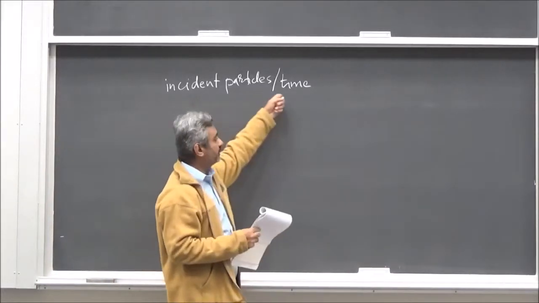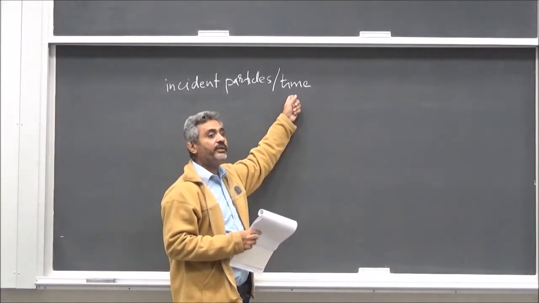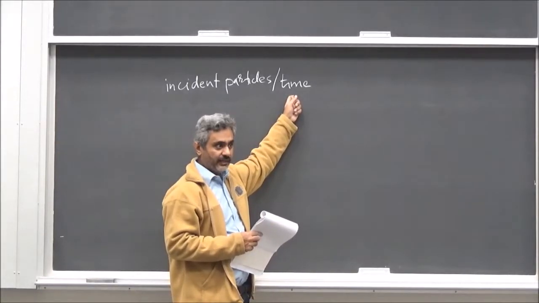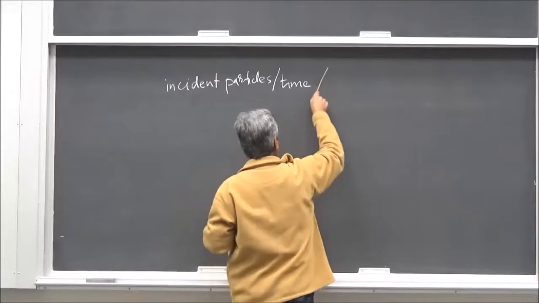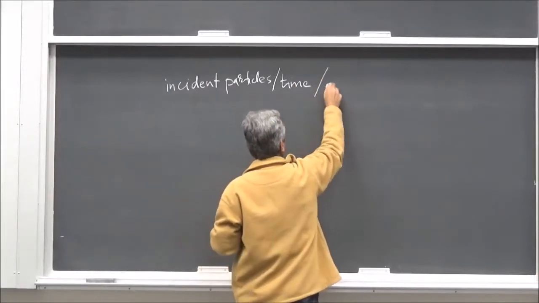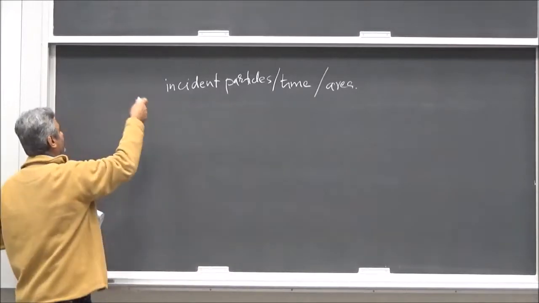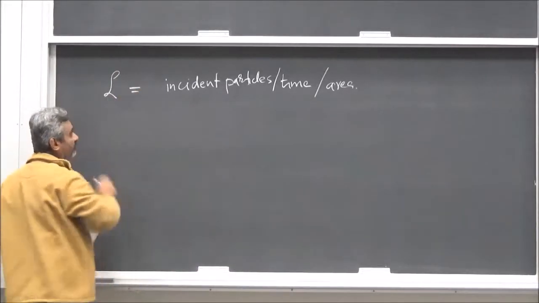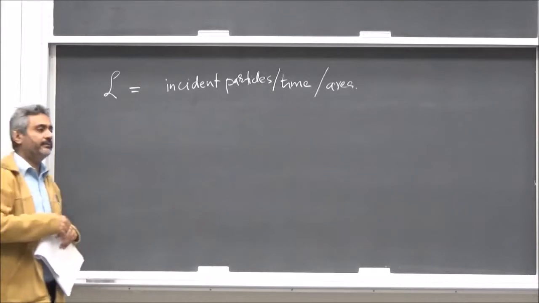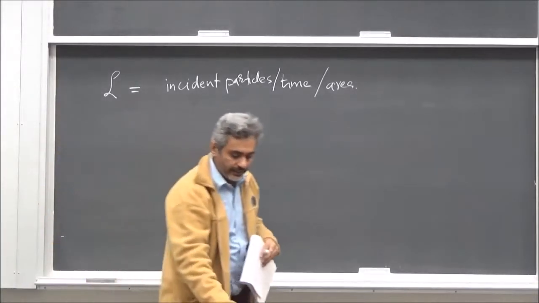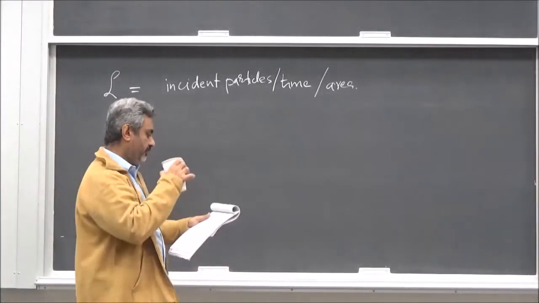So incident particles per unit time is the luminosity. ठीक है? लेकिन हम ले रहे हैं incident particles per unit time per unit area. लेकिन for some reason particle physics इसको luminosity कहते हैं, यहाँ की ये intensity है, ठीक है? But they call it luminosity.